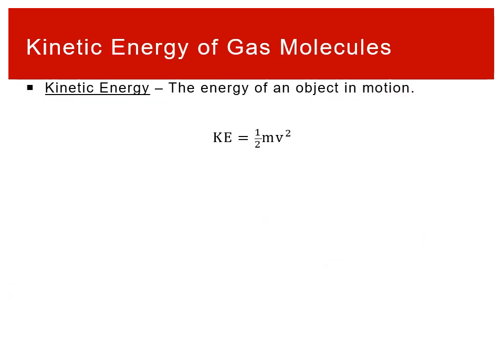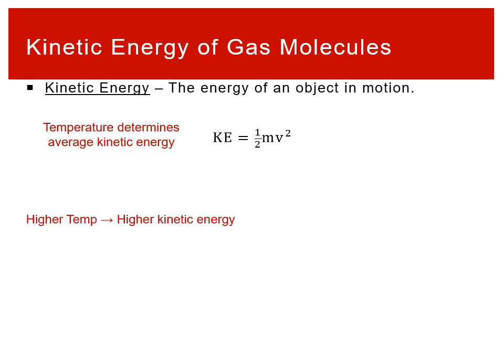So if we want to think about some of the implications of this, kinetic molecular theory implies that kinetic energy is what we'd potentially want. And our equation for kinetic energy is equal to 1/2 times the mass times the velocity squared. Okay, so this is the kinetic energy of any object in motion. And so if we want to look at these two sides, first off, the kinetic energy side. We know that temperature determines average kinetic energy of any substance.